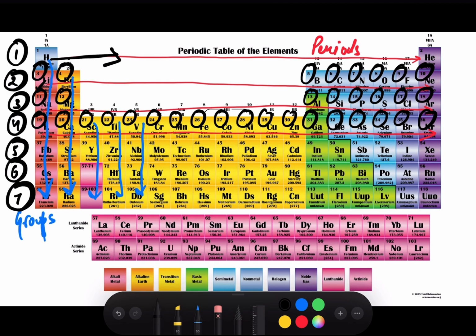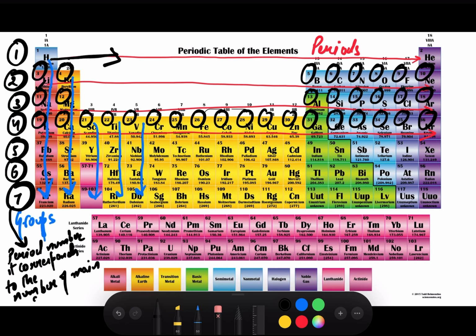The period number corresponds to the number of main energy shell in which the last electron of that particular atom is entering.